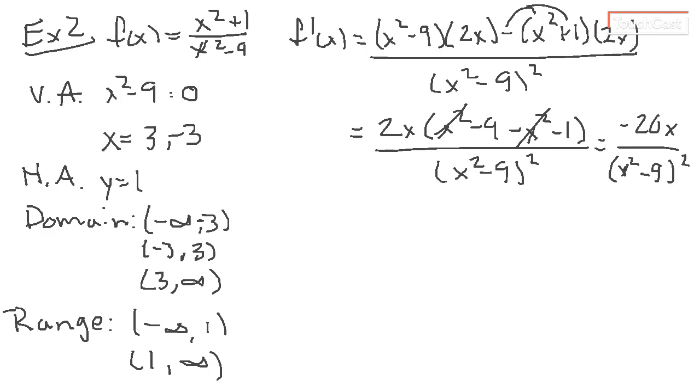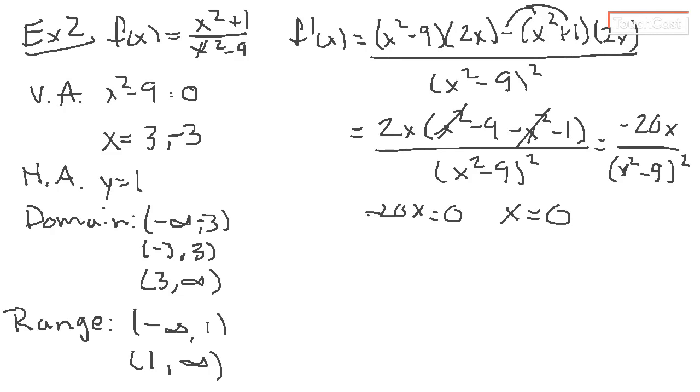So remember, our critical numbers we find when we set the numerator equal to 0, because that's the only way this function can ever equal 0. So if we have negative 20x and we set that to 0, the only way that's going to happen is if x is equal to 0. So we've got a critical number at 0.